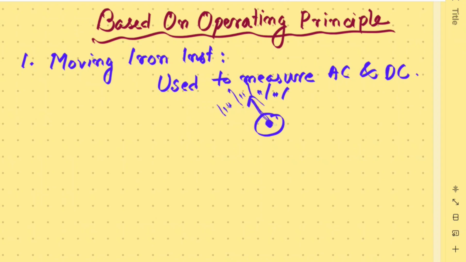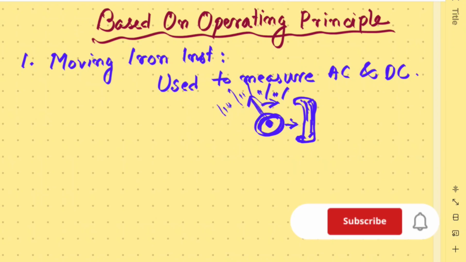When there is attraction from the coil, the iron will move, and the pointer will also move. Again, when there is repulsion, the iron will move and there will be deflection in the pointer. Based on this principle, the moving iron instrument works.